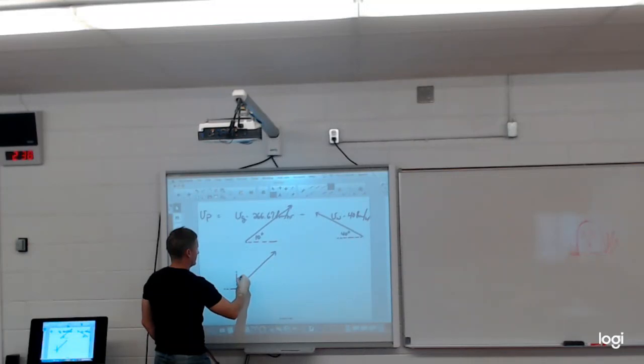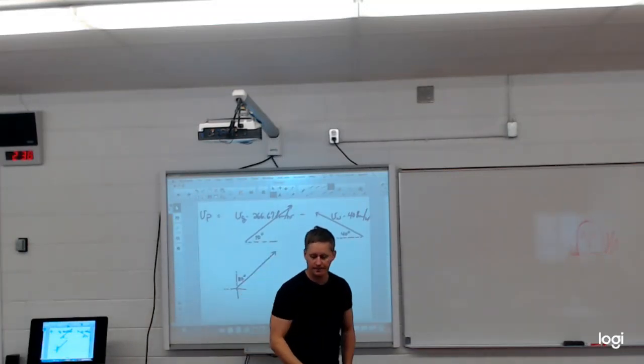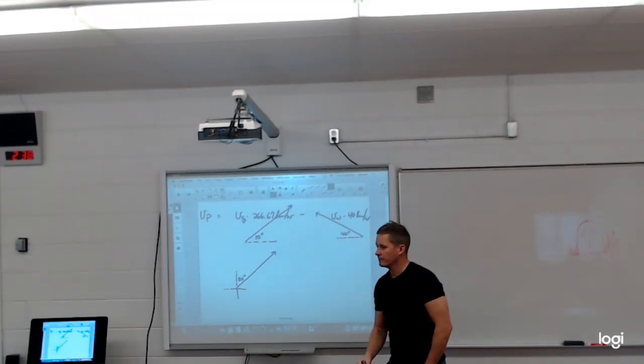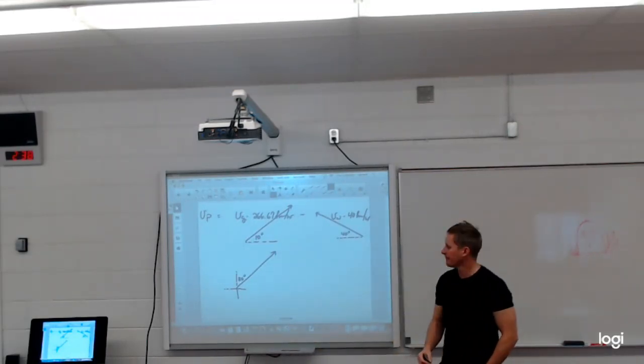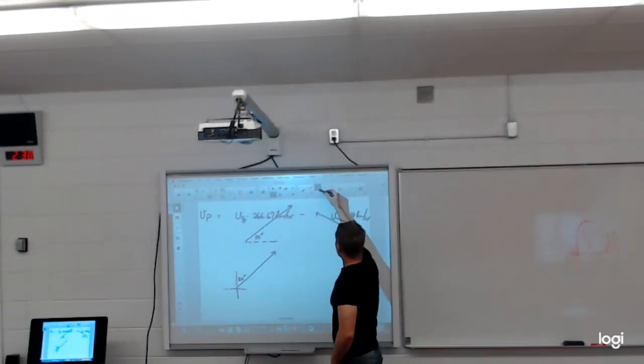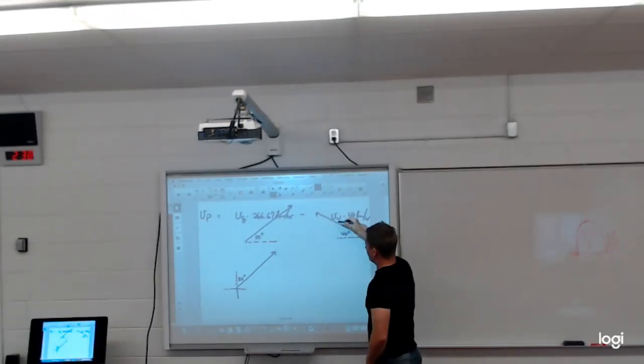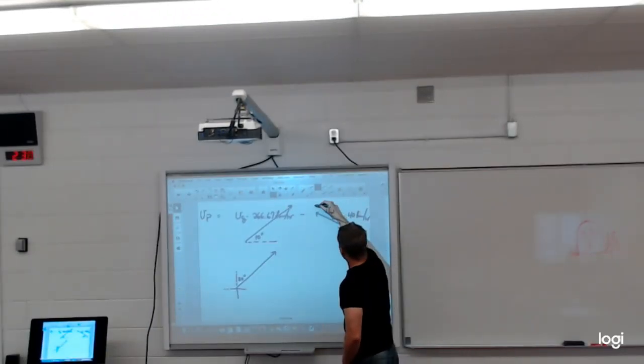So that's 10 degrees. That makes this 80 degrees right here. I want to draw that in there. Okay, we're okay with my relabeling of that? All right. And I need to draw the negative of the wind, so it's going this way.